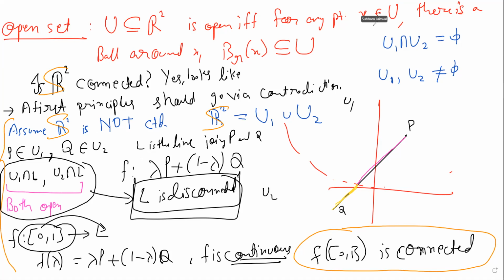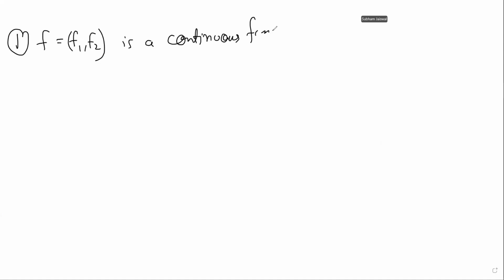So here is what we need to do. Number one: if f equal to (f1, f2) is a continuous function, basically I'm just trying to say that f1 and f2 are both continuous, for a function from R to R2.